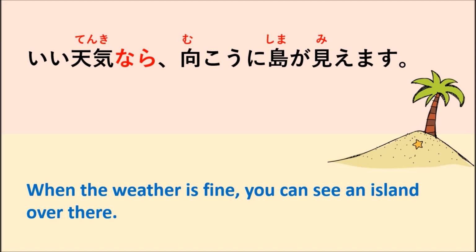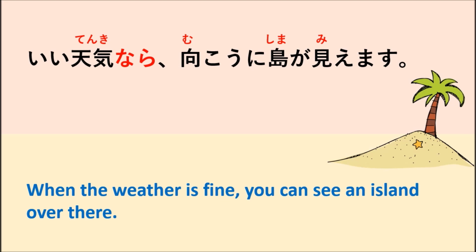So ii tenki nara. It's the rule that you have to remember: you can put the noun together with nara to create a sentence starting with if or when, which means you create a sentence in conditional form.